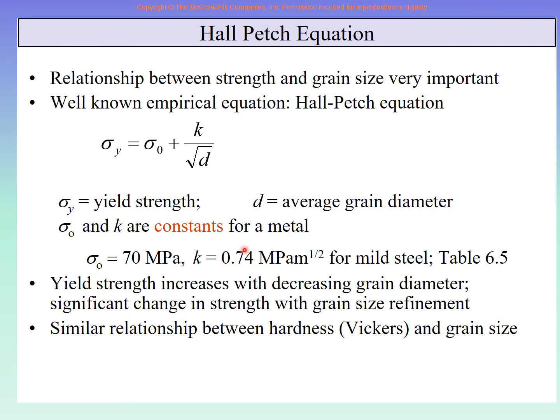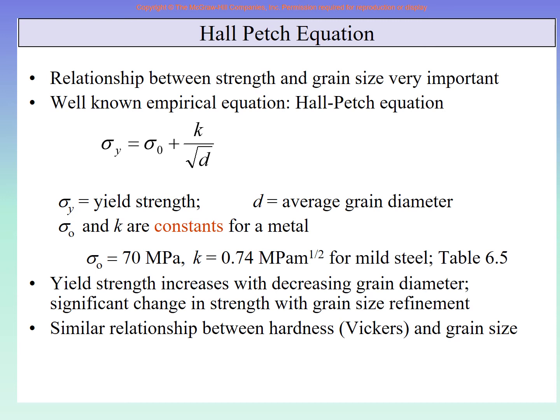For example, we will show you Table 6.5 soon. For mild steel, which is a very common steel used in all structures, the value of sigma naught is 70 megapascal, the value of K is 0.74 megapascal per square root meter, and so on. So these are constant values. These are like material properties.